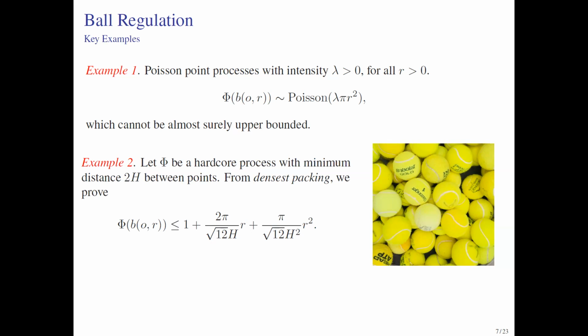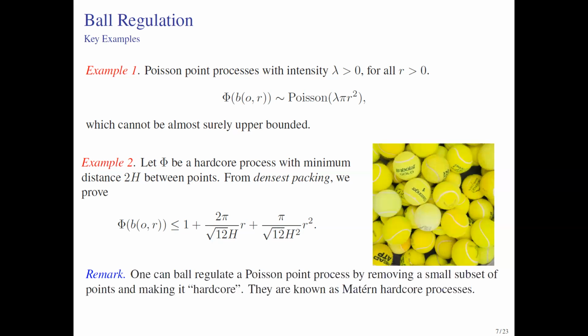So using ball packing, we can prove that indeed we can find this polynomial form bound on the number of points for all radius r, and the parameters depend on the minimum distance h. One can regulate a Poisson point process by removing a small subset of points and making it hardcore.